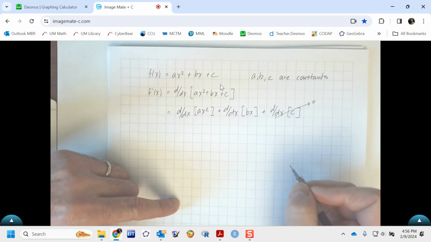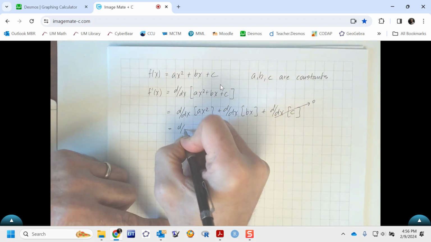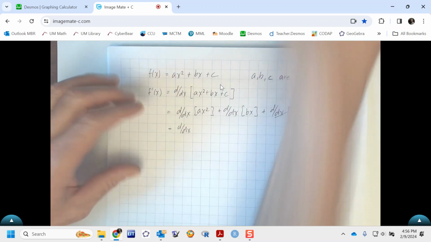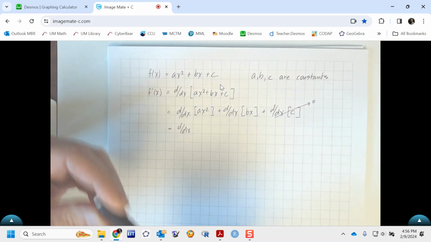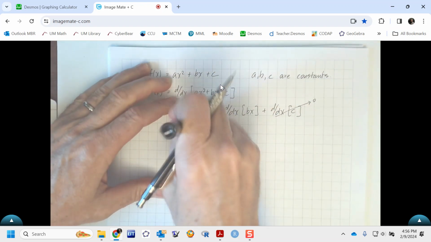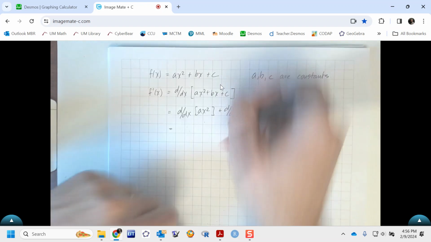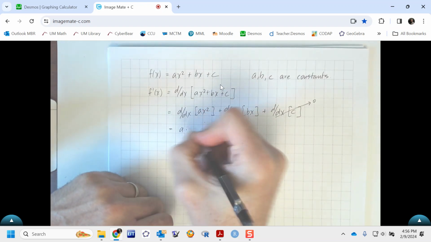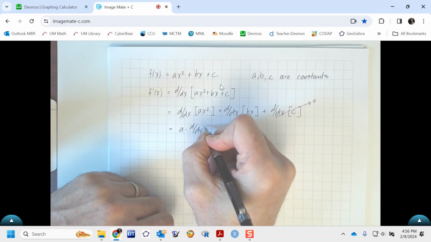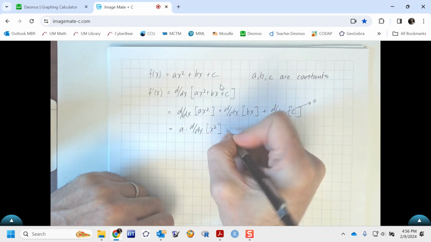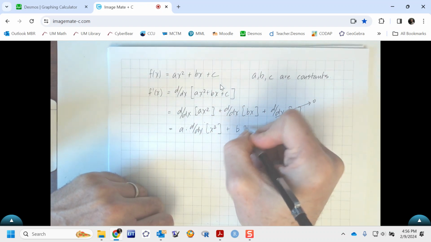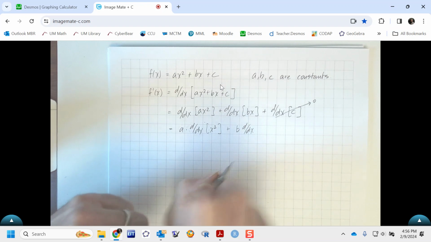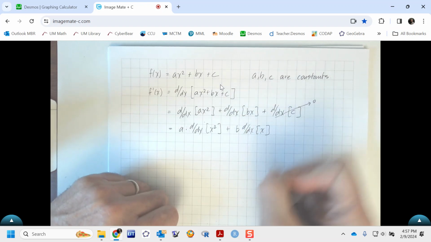So what we're going to get is d by dx. Oh, I messed that up a little bit. What should come first? A, right? Take the a out in front. A times d by dx of x squared plus b times d by dx of x, right?